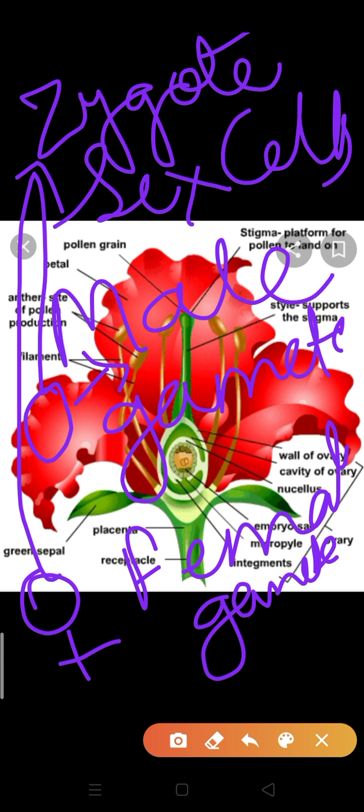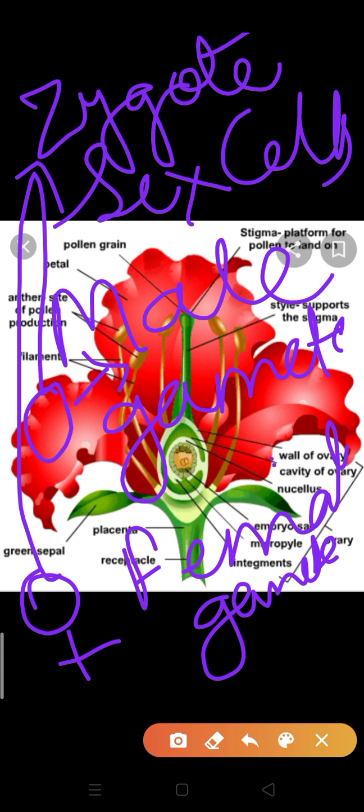In the case of humans, the sperm is known as the male gamete. Clear? And the ovum is known as the female gamete. If the sperm fuses with the ovum, the zygote is formed, and this zygote is attached to the uterus wall and develops into a fetus in due course of time.